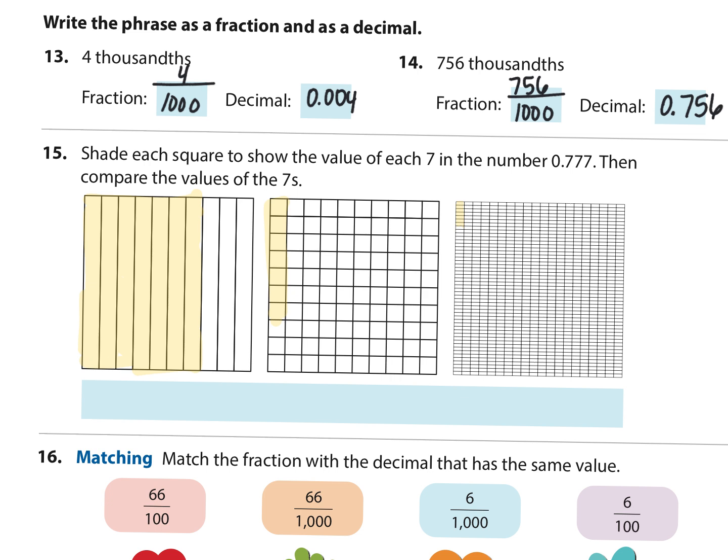This one here is representing 7 tenths, which is greater than 7 hundredths, which is greater than what? How do I read that number? 7 thousandths. 7 tenths is greater than 7 hundredths. 7 hundredths is greater than 7 thousandths. Thanks for pointing that out so that I didn't skip it.